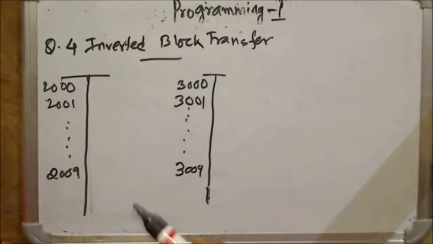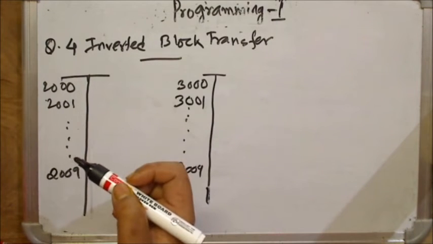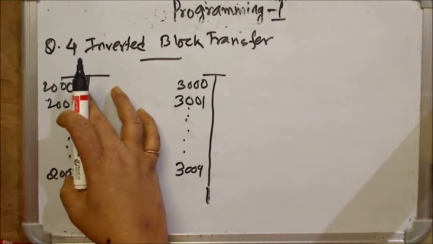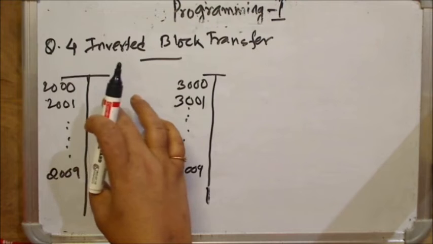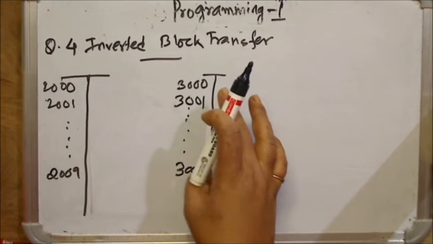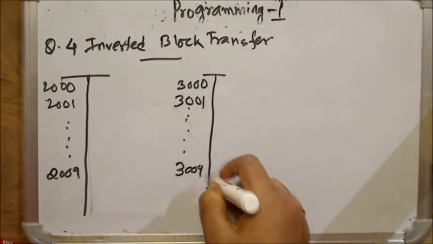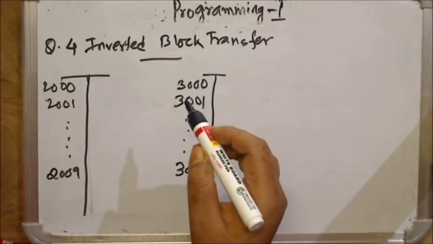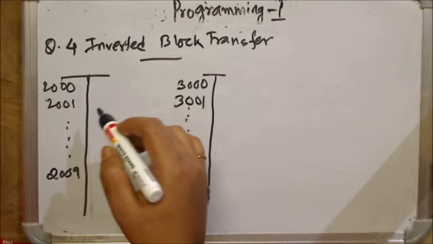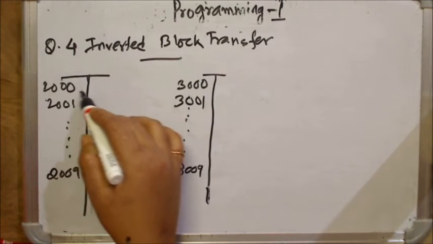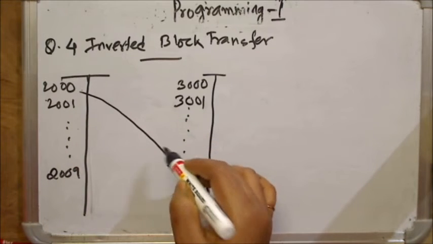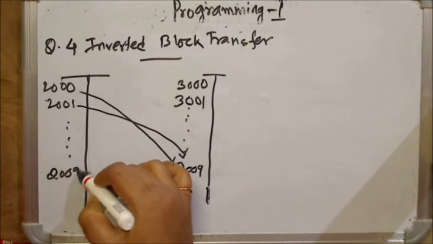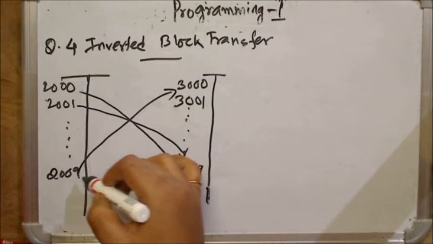Now the fourth program is inverted block transfer. You have a series of 10 bytes of data from 2000 to 2009. You have to store this data from 3000 to 3009 in inverted form. So the data at 2000 will go to 3009, the data at 2001 will go to 3008, and the data at 2009 will go to 3000.